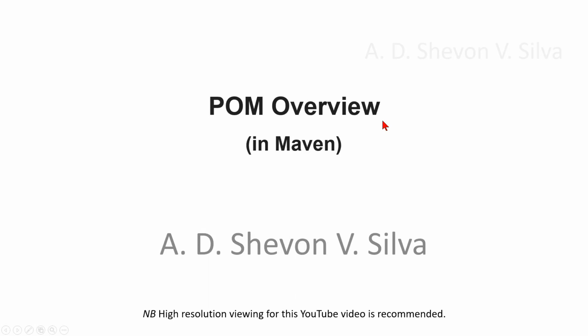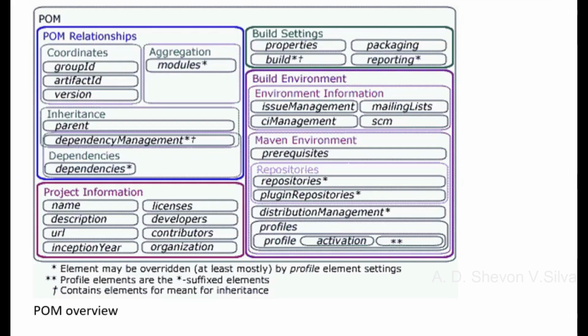POM Overview in Maven. Here you can see the POM overview. Here the asterisk element may be overwritten, at least mostly, by profile element settings.